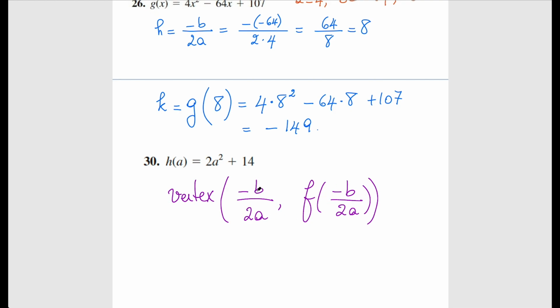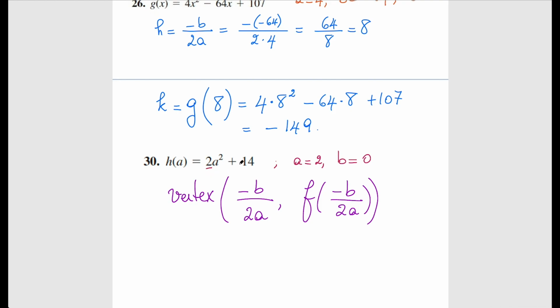So negative b over 2a and f of that. Let's find what negative b over 2a is. So the ingredients are a and b. Let's find them. What's a and b here? A is 2 and b is 0, right? There's no coefficient for a squared. By the way, a is the variable, so it's playing the role as the input. Okay, so 2 is the a, b is 0.